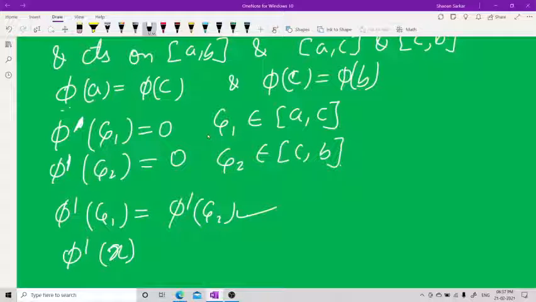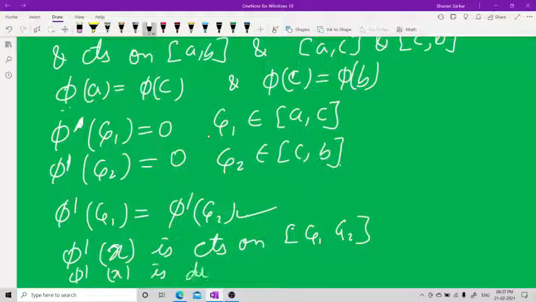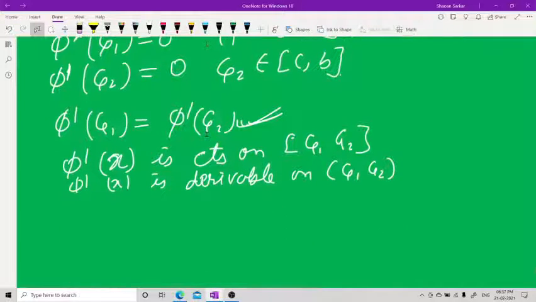Phi x is continuous on xi1 xi2 and phi dash x is derivable on xi1 xi2, and we have seen the condition that phi dash of xi1 is equal to phi dash of xi2.